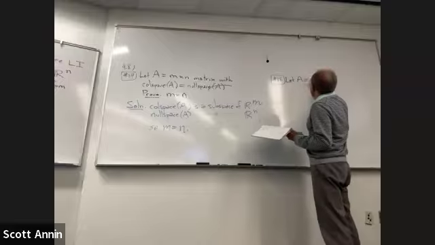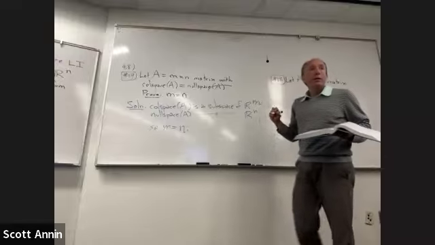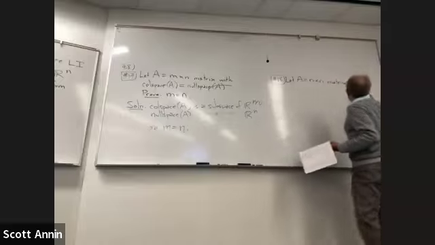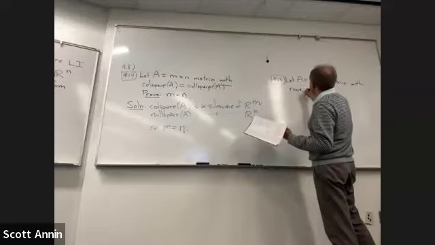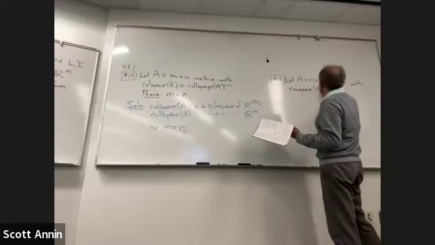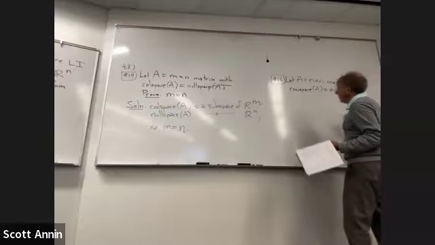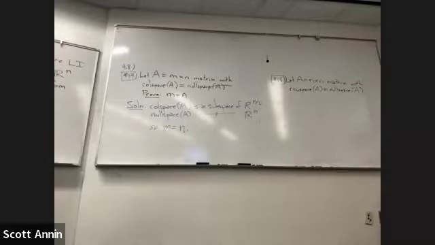On number 18, A is going to be an N by N matrix. So it's actually a square size matrix. This time, this is with the row space of A equal to the null space of A. Now in this case, because the matrix has a square size, the row space, null space, and column space are all subspaces of Rn.